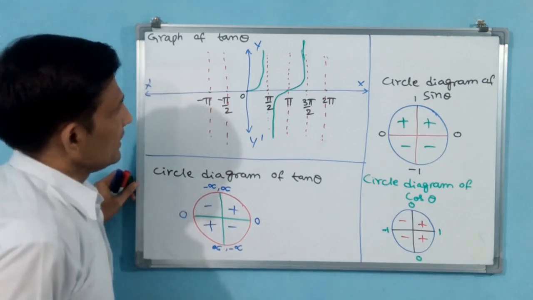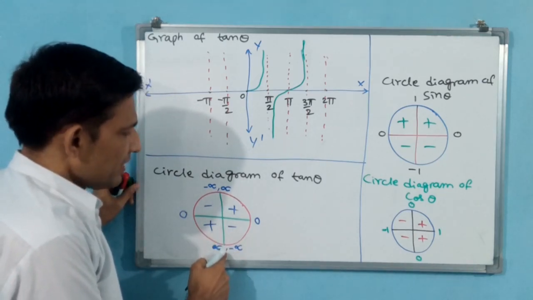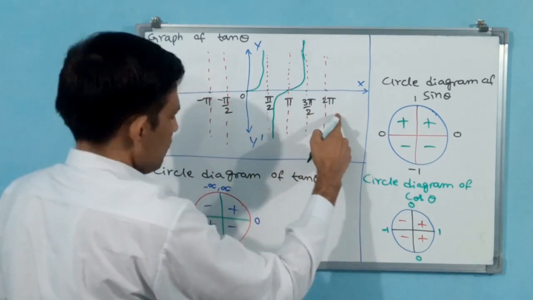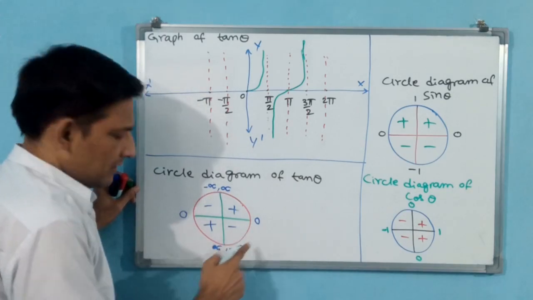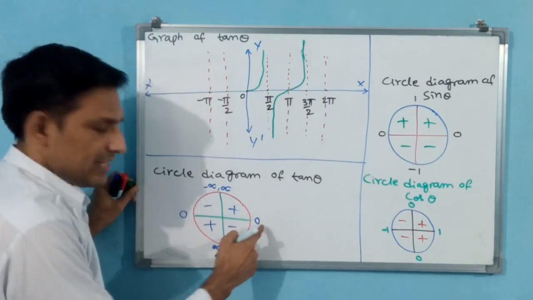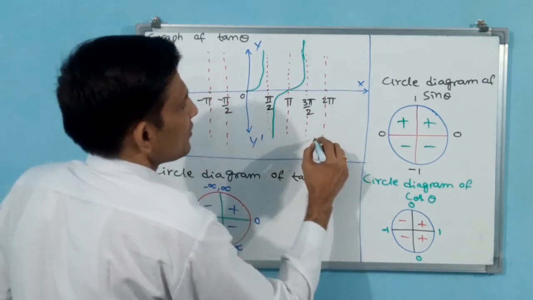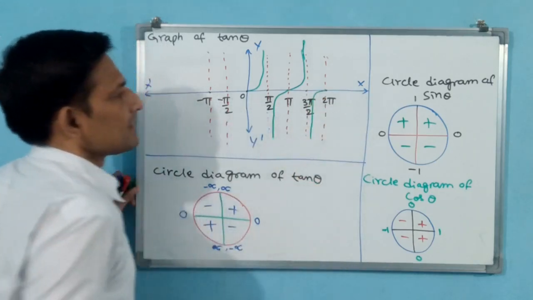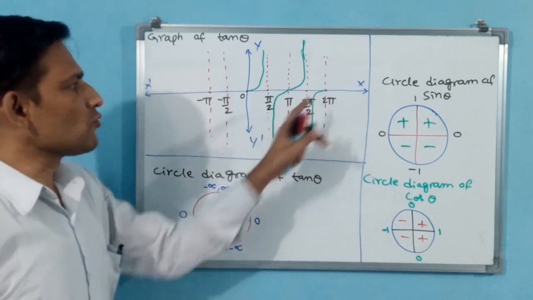Now, from 3 pi by 2 to 2 pi, that means 270 degree to 360 degree, minus infinity to 0 again. Afterwards, the same is going to repeat, but stop up to 2 pi only.